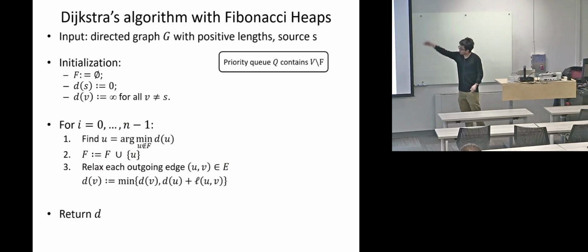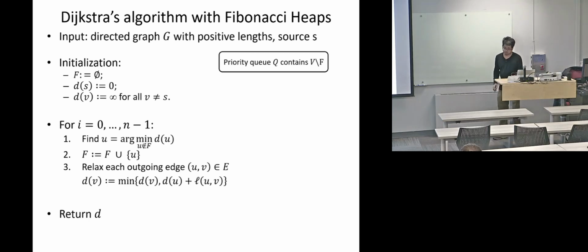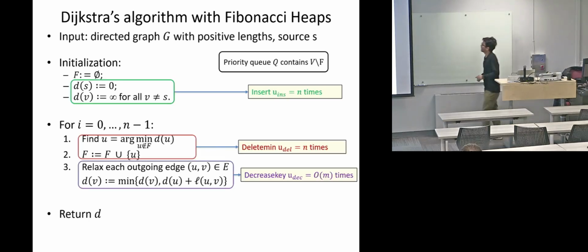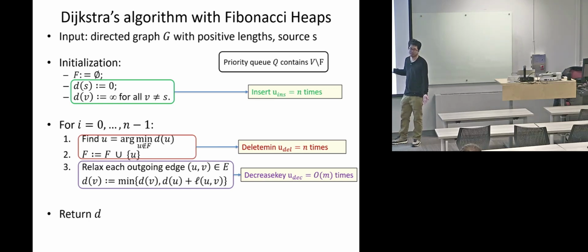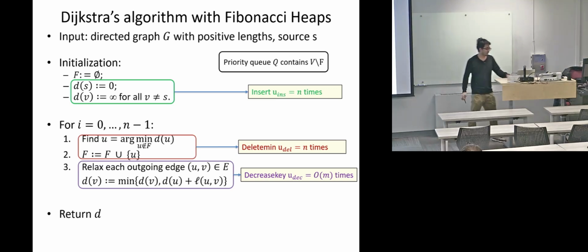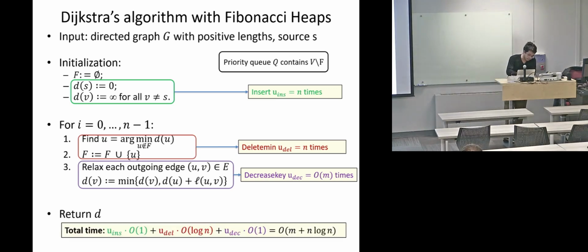I'm not gonna go through the pseudocode, but in Dijkstra's algorithm we basically insert n times, and delete min n times in total, and we will call decrease key m times. So the total cost is the number of inserts times O(1), plus the number of delete mins times O(log n).